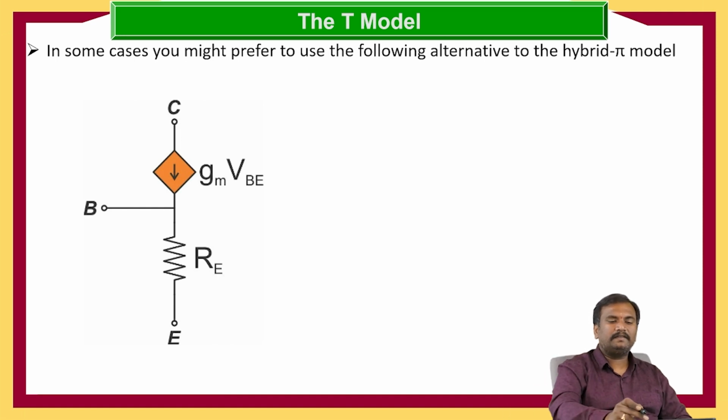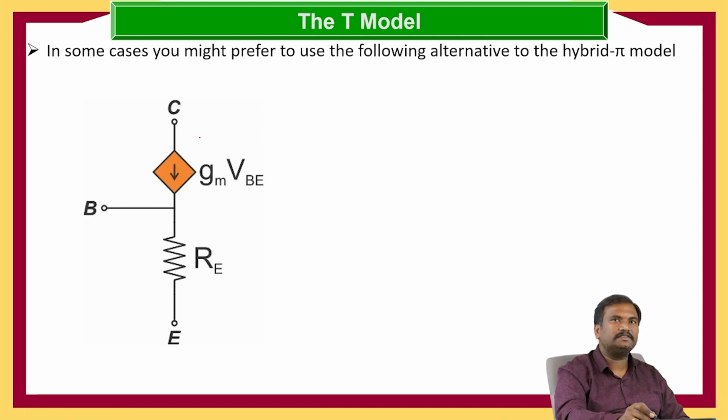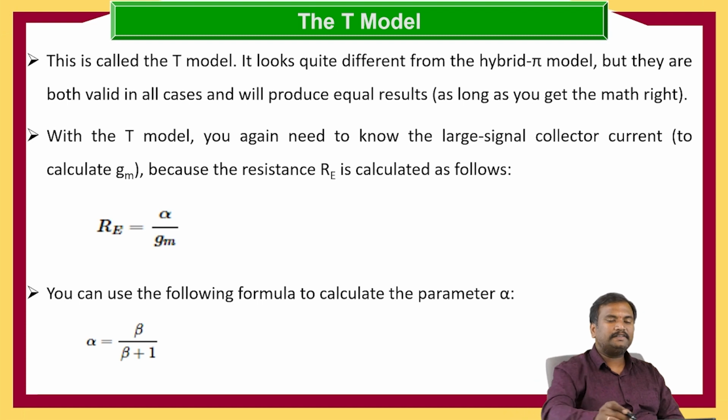In some cases, you might prefer to use the following alternative to the hybrid pi model, that is the T model. GM times VBE is the controlled current source, and this is the RE resistance, the emitter resistance. This is called the T model. It looks quite different from the hybrid pi model, but they are both valid in all cases and will produce equal results.